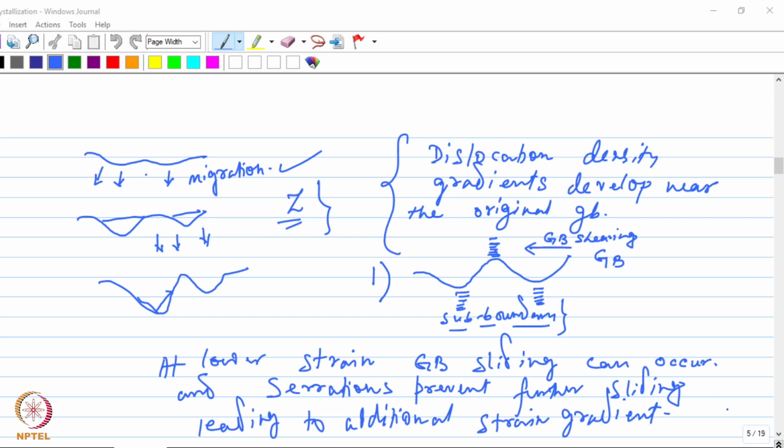So this is a process which will be more dominant in materials having low stacking fault energy, because in such materials only dislocations can accumulate, because low stacking fault energy means less cross slip, and as a result of that the dislocations will not move much and accumulate, giving rise to a high dislocation density in certain regions of the crystal that will lead to a strain energy gradient across the grain boundaries, which will ultimately drive the nucleation process.